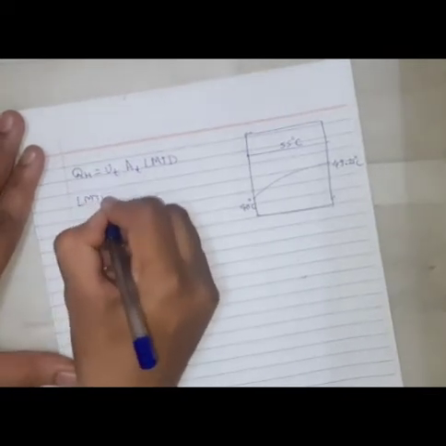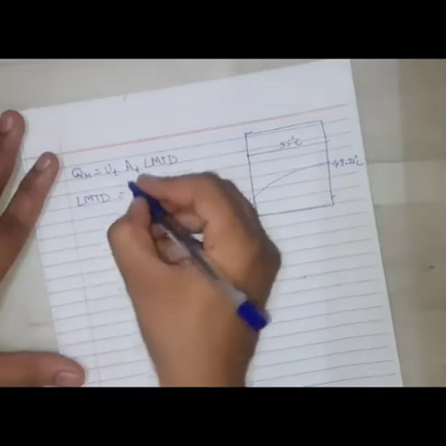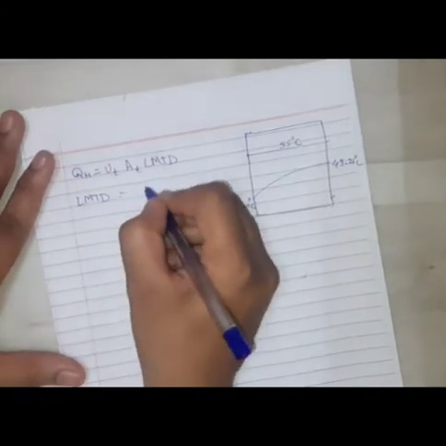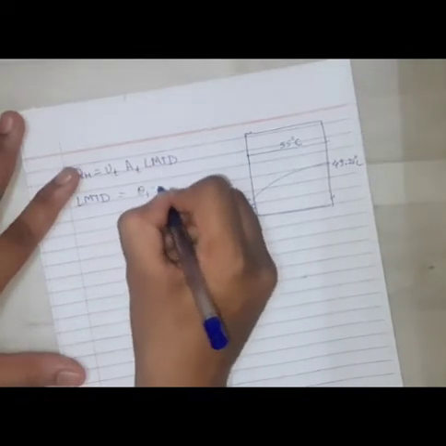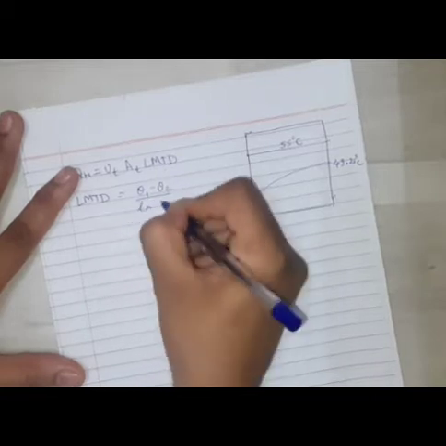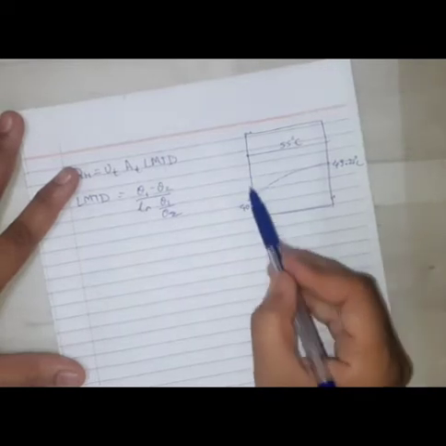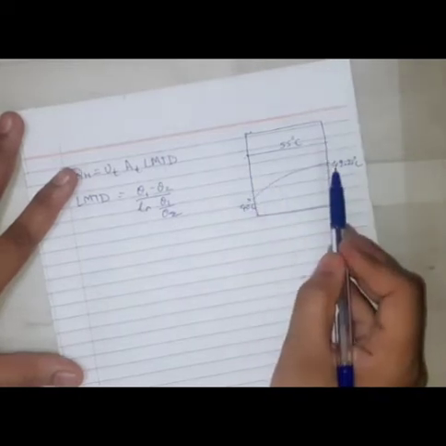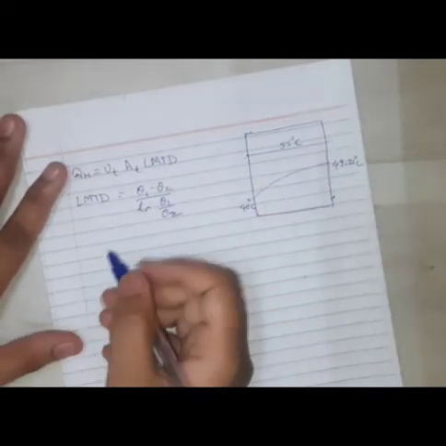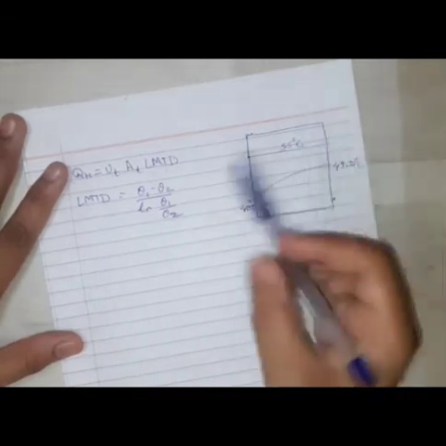For LMTD the formula is theta 1 minus theta 2 upon ln of theta 1 by theta 2. Now what is theta 1 and theta 2? It is the difference between the inlet temperatures and the outlet temperatures. Or you can say this side and this side.